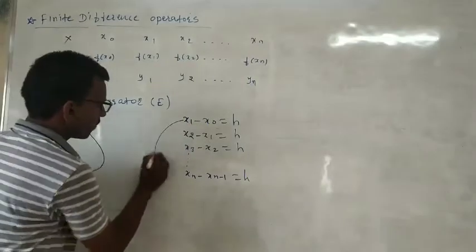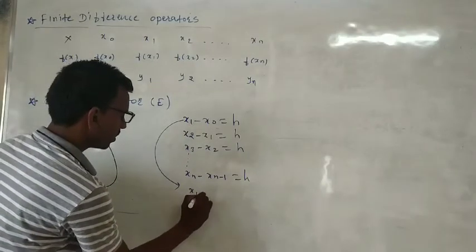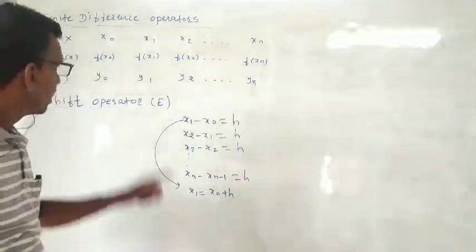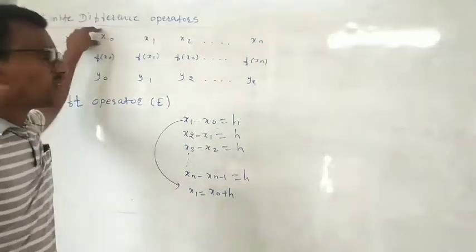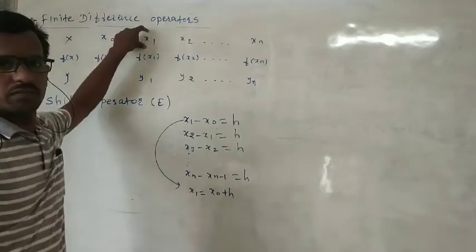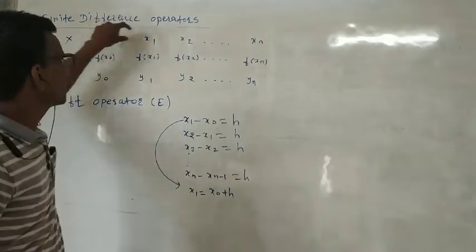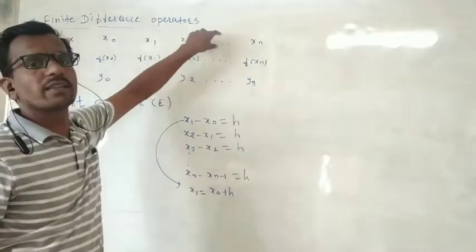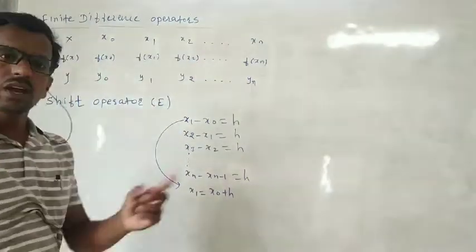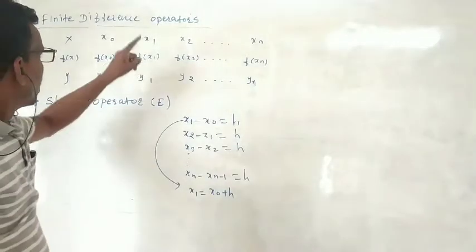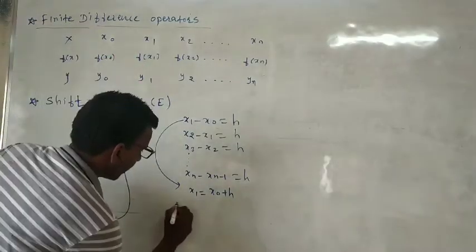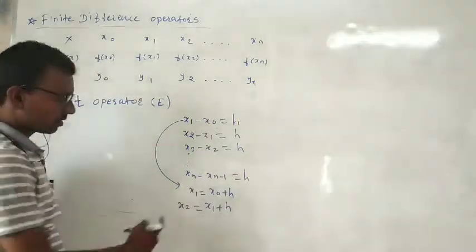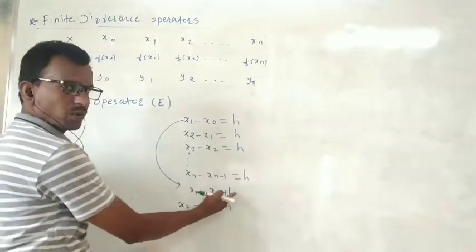Here from this we can write x1 is equal to x0 plus h. If we add h to this x0, we get x1. x0 plus h is equal to x1, x1 plus h is equal to x2, x2 plus h is equal to x3, x3 plus h is equal to x4 and so on. So here we can write x2 is equal to x1 plus h, but we know x1 is equal to x0 plus h.